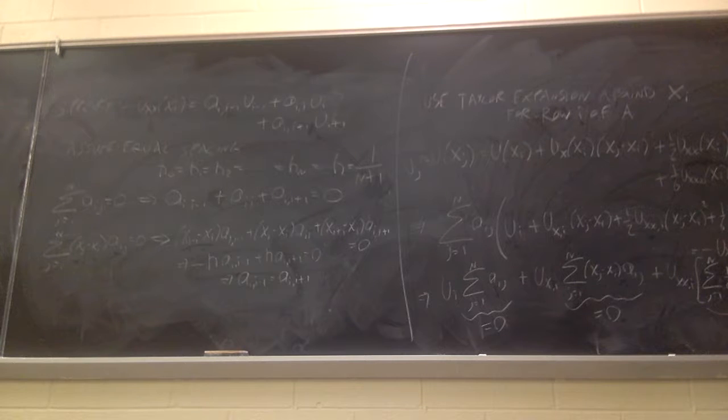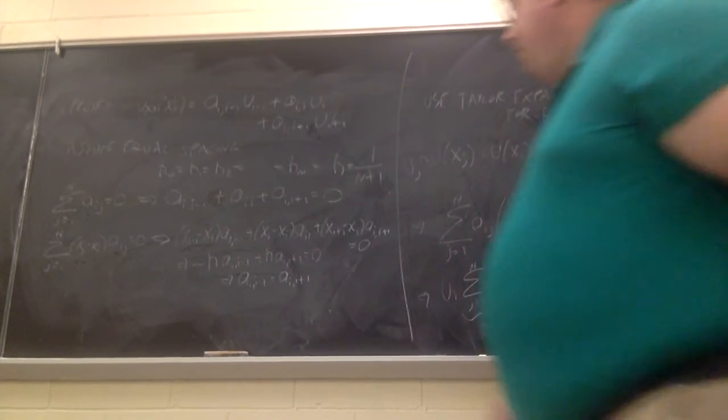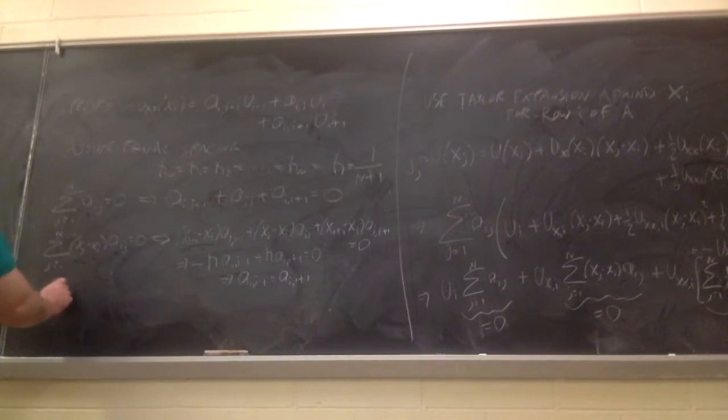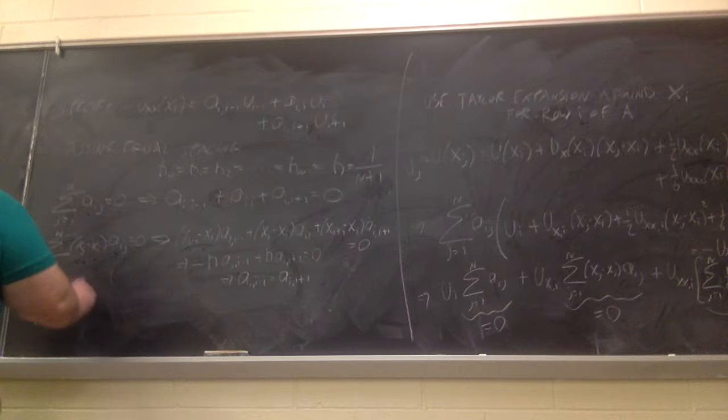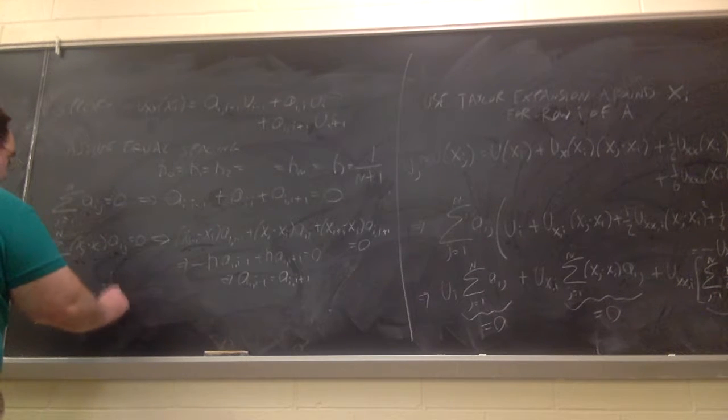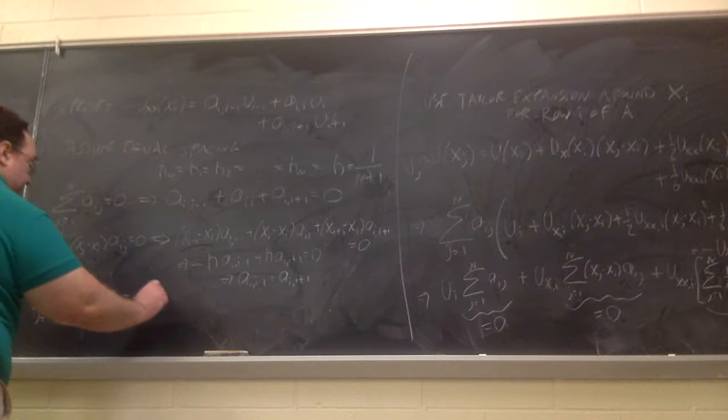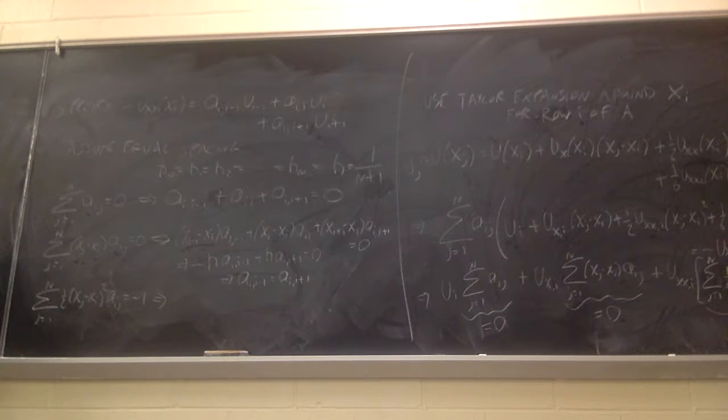And finally, I have this third equation over here, where the right side is minus 1. So I have 1/2 xj minus xi squared, times aij, is equal to minus 1. So what I'm going to get out of that is, instead of minus h and h, I'm going to have those things squared.